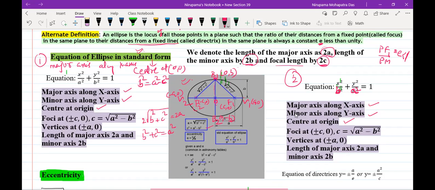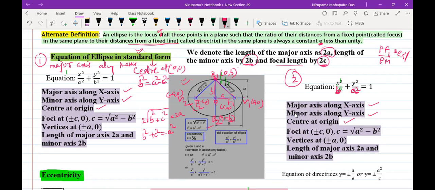Now let's observe this figure. As we have seen, PF1 plus PF2 equal to 2a, where P is any point on the ellipse. This distance you can see is b, and this distance is c. Now B1 F1 is the square root of b square plus c square.